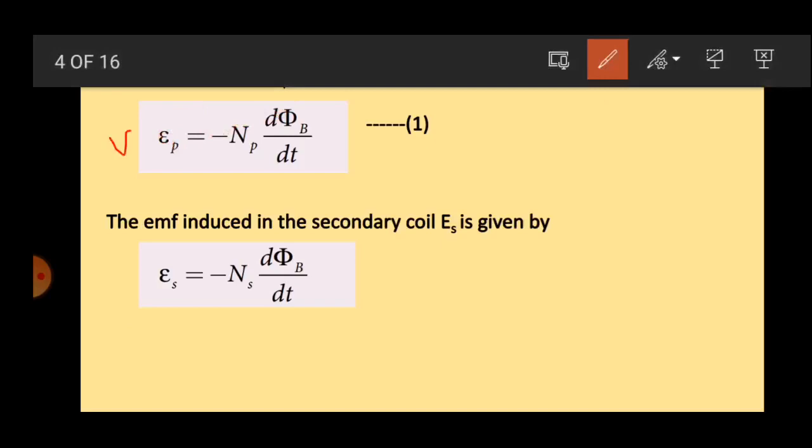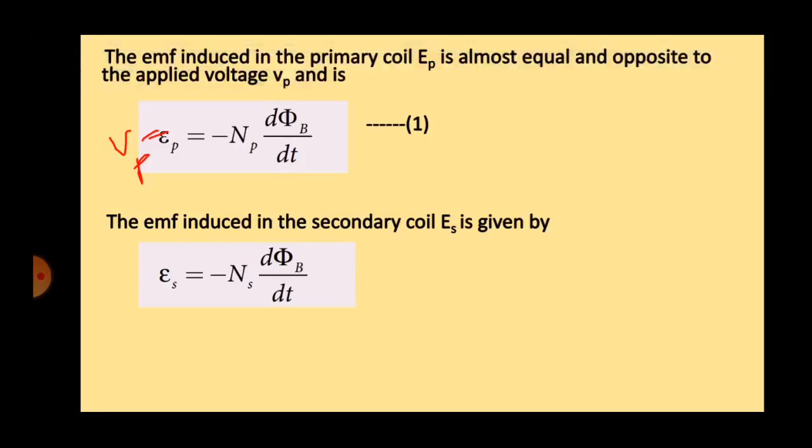This is nothing but the primary voltage, so epsilon P = -NP d phi B/dt. This is the induced EMF, where NP is the number of turns of the primary coil. This is equation number 1.